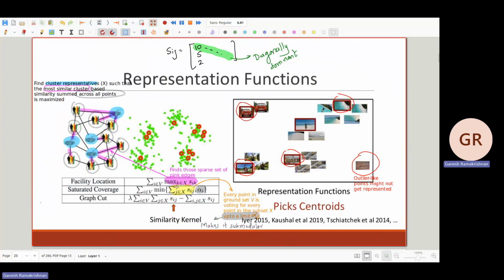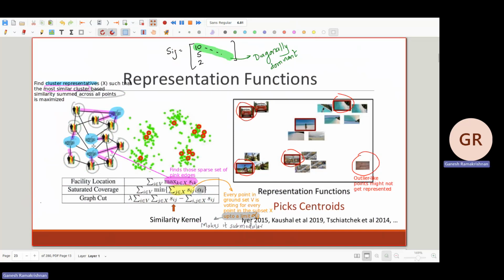I'm trying to find, for each set of points, which is the closest facility. So this blue is a cluster representative. I'm trying to find a bunch of X. The K is basically ranging over all the blues. Pick a facility in blue which is closest to my location or my village, which is in gray.